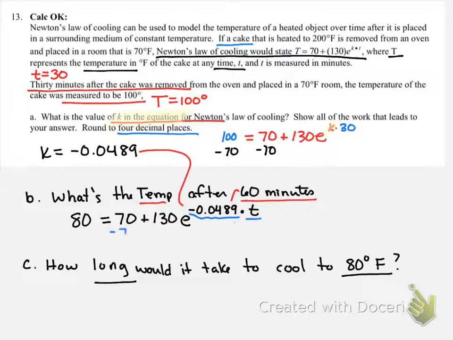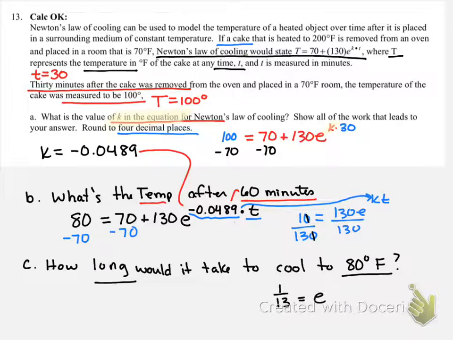So I'll subtract 70, and we'll have 10 equals 130 e to the kt, and I'm just writing k because I'm too lazy to rewrite it in there. We'll divide by 130. The zeros will cancel. 1/13 equals e to the kt.